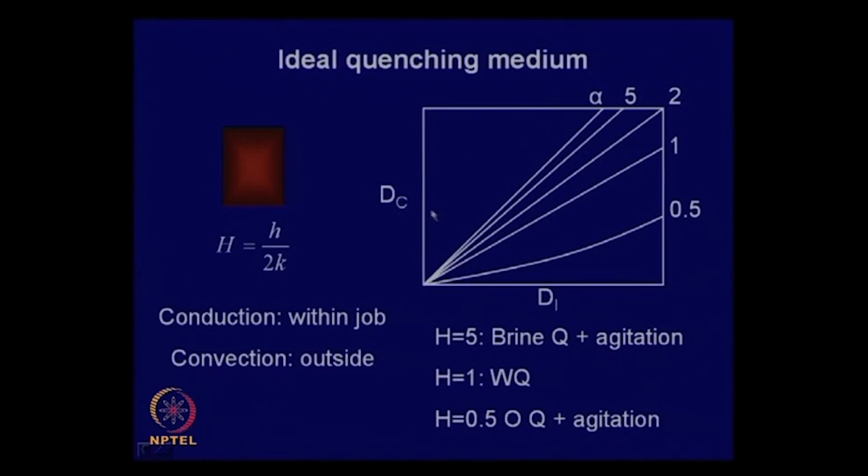Whereas in other cases, for a particular material, if you find that DI is say 2 inch or something, which is somewhere here, and then you quench in oil, you can find out this is the depth up to which you can practically get a hardness corresponding to 50% martensite and 50% pearlite, which is definitely much lower than the ideal diameter.